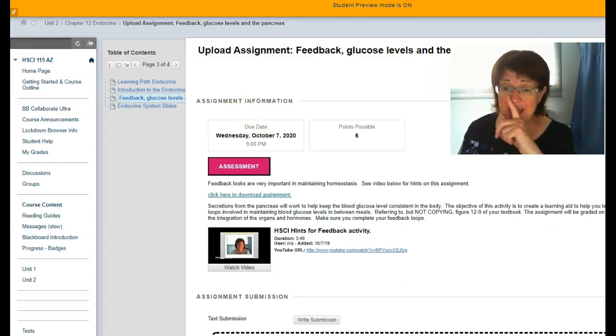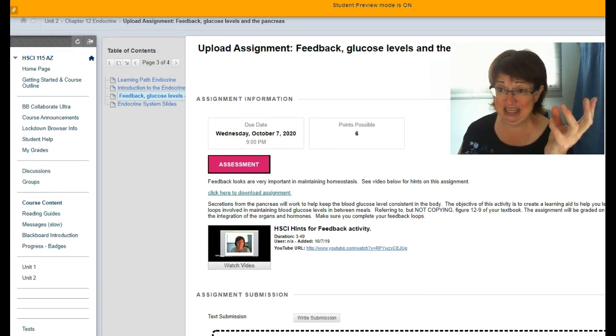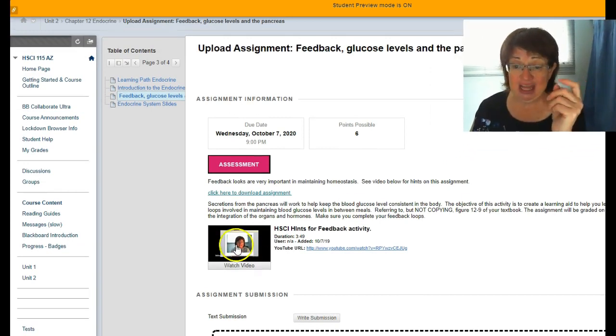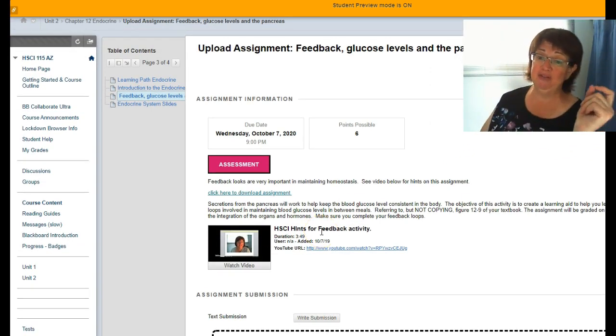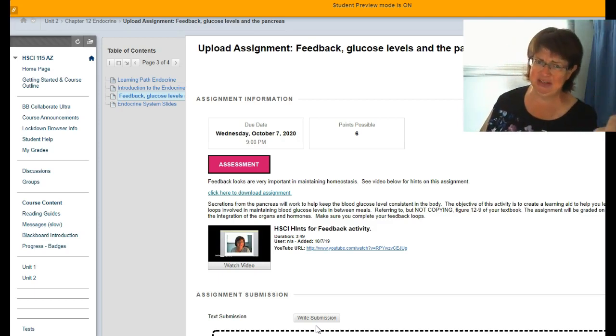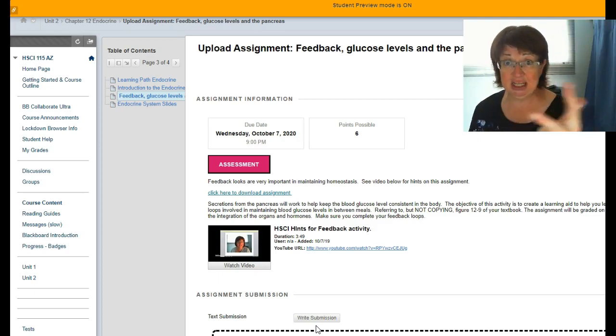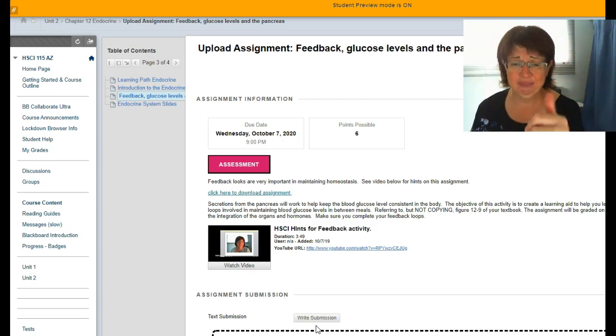There's an assignment today, an assessment in this chapter. The assessment is talking about the feedback activity of the pancreas and how the pancreas has 3 different types of cells. There are alpha, beta, and delta, which is basically A, B, and D. It goes alphabetical: glucagon, insulin, somatostatin.